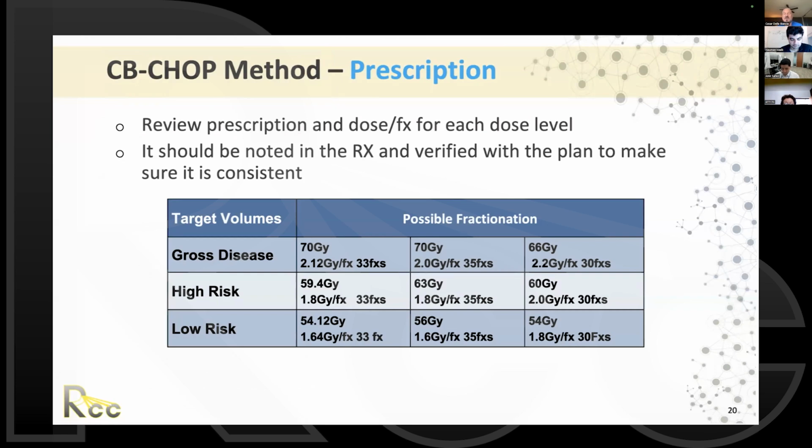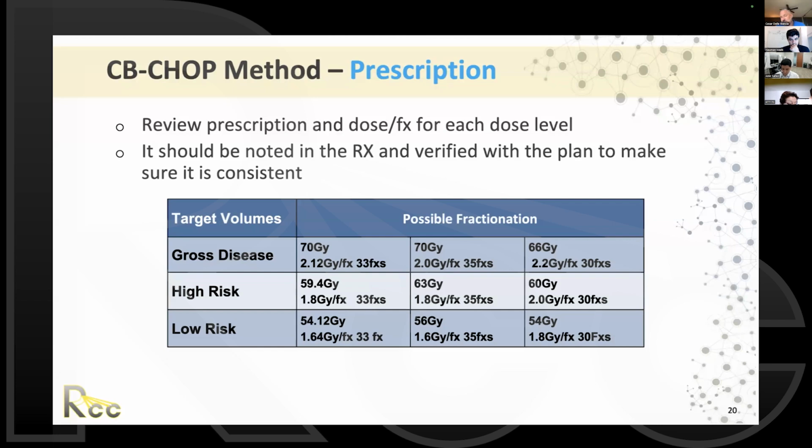Remember, for head and neck, it's very common that we might have different dose levels, with targets that go to different dose levels. You want to make sure that we did not mix them up, and that the targets that need to be covered for that particular dose level are what the isodose is really covering. It should be noted in the prescription and verified with the plan to make sure that it is consistent.